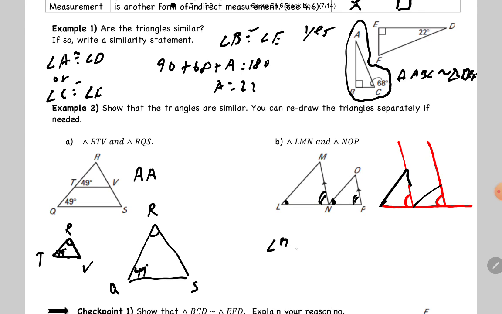So angle MNL is congruent to angle OPM. So by double A, these two triangles are similar.